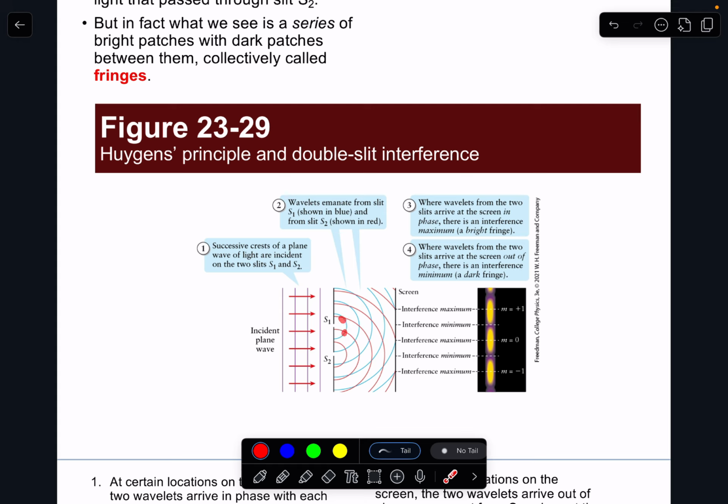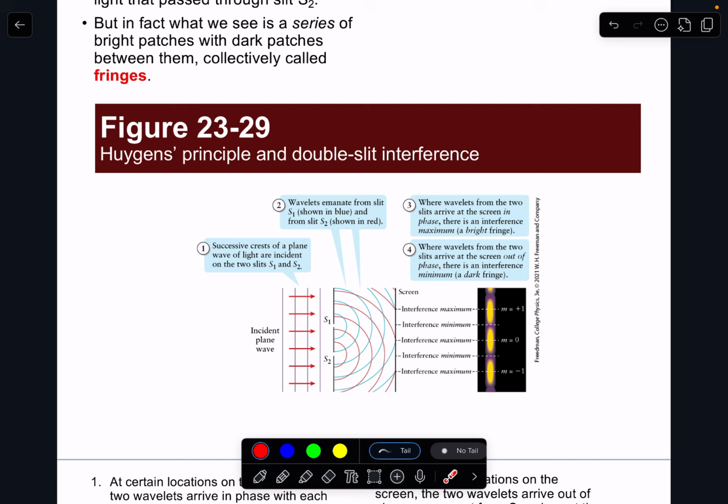Where they overlap, you could have peaks adding to peaks and getting constructive interference, or you could have peaks adding to troughs and getting destructive interference. We place a screen, and where those two light waves cross each other on the screen, that's where we're going to be able to see if it's constructive or destructive.